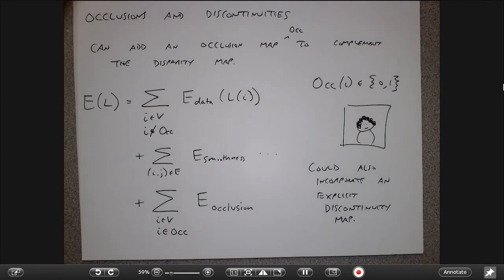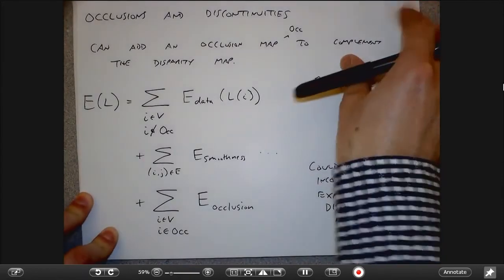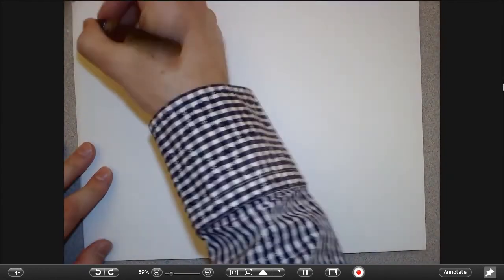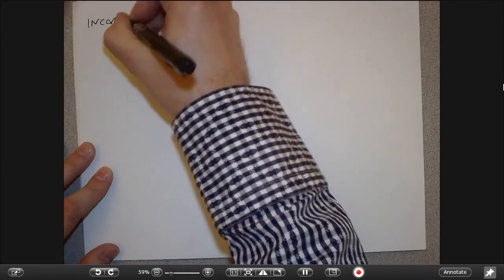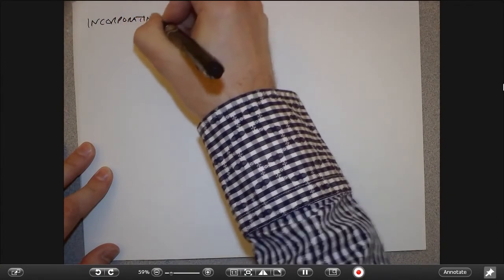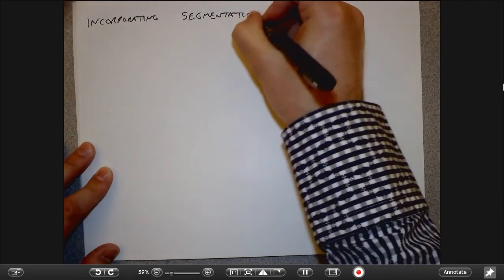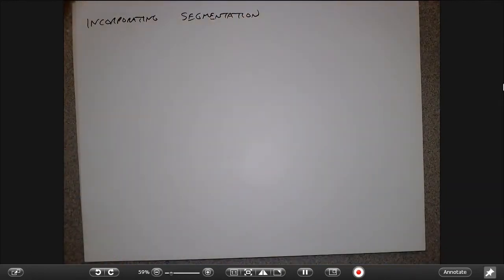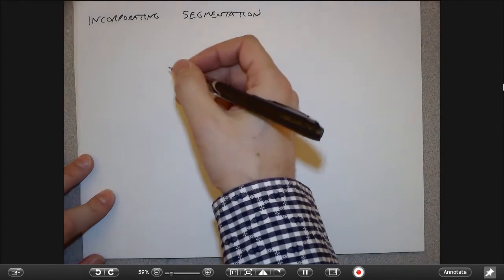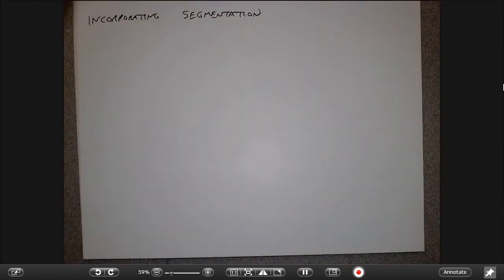And one final thing that you can do to make a good stereo algorithm is to incorporate some sort of segmentation. What I mean by that is you can have a model within a foreground object for how smooth the disparities should be.